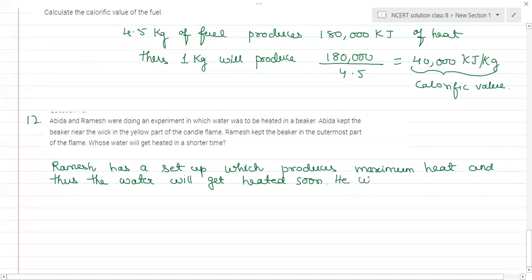He is using the blue zone which produces maximum heat.